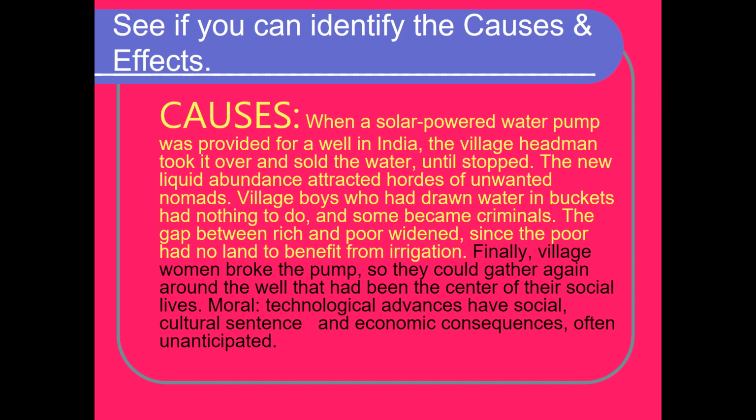The village boys who had drawn water in the buckets had nothing to do, so some of them became criminals. The gap between the rich and the poor widened since the poor had no land to benefit from the irrigation. That made the women upset. So because of all those things, they decided to get rid of the pump. They broke it. Your cause led to the effect, and the effect was signaled by the word finally.